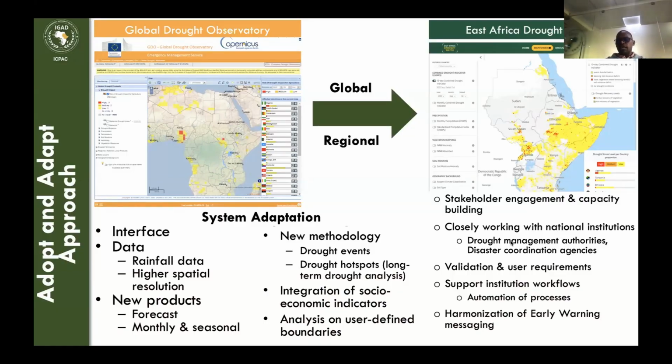We also validated the drought monitor, that is the customized drought indicator, with users and stakeholders in government institutions. And we continue to support the system and improve the data pipelines and workflows. We also harmonized this system with other early warning information that we have at ICPAC.